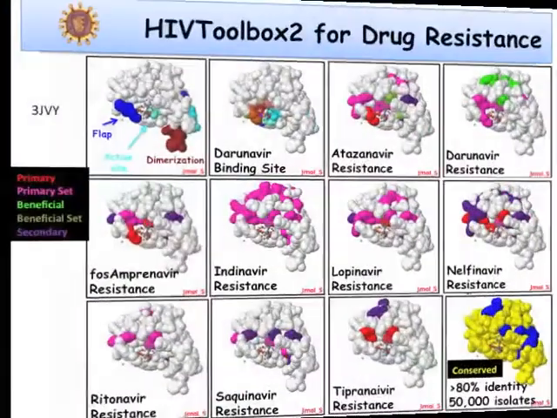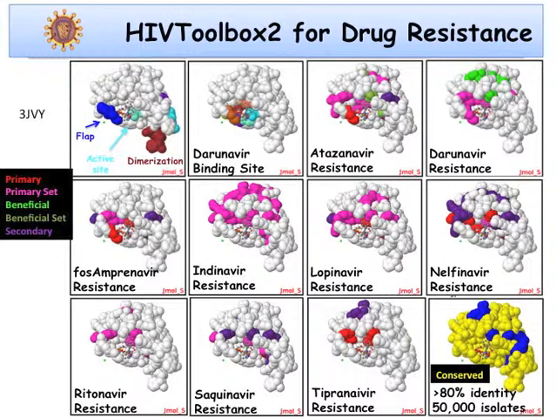So on the drug-resistant mutations, we came up with a classification scheme to color them in and categorize them. We came up with 5 different basic types of mutations. A primary mutation, which is colored red, is a mutation that will confer resistance to a drug all by itself. A primary set is a group of mutations that will confer resistance to the drug, but only if they occur together.